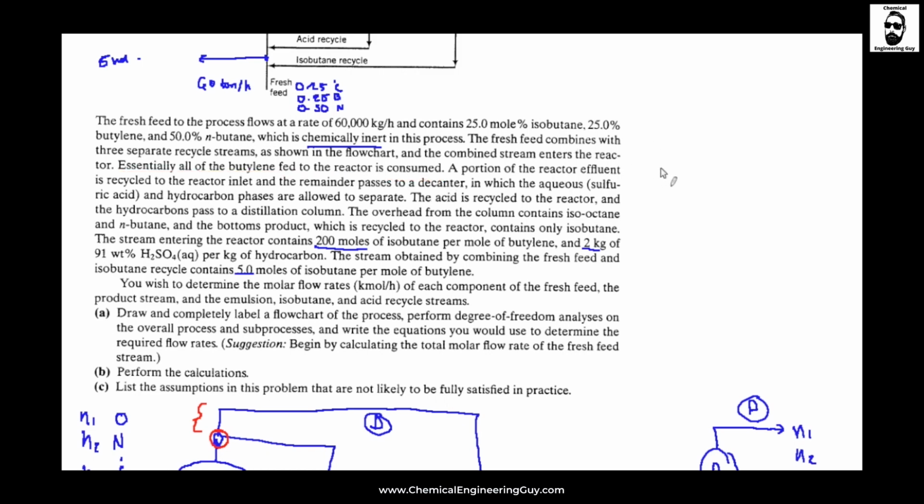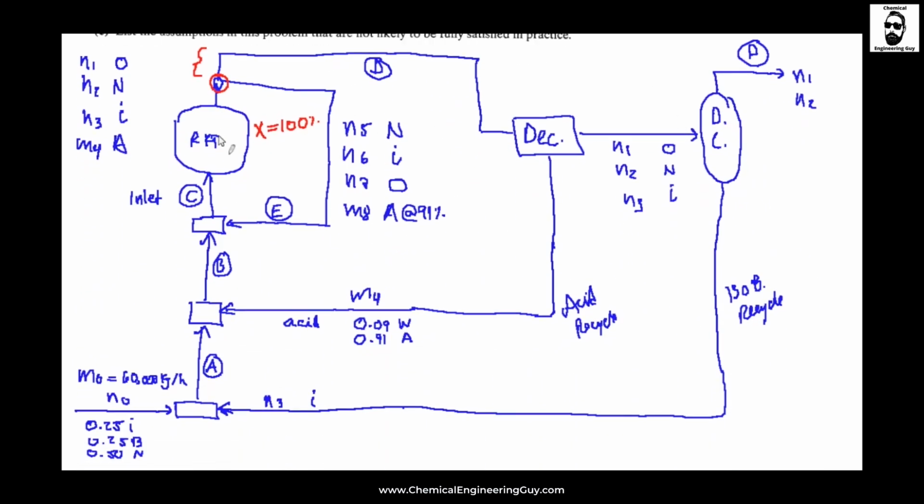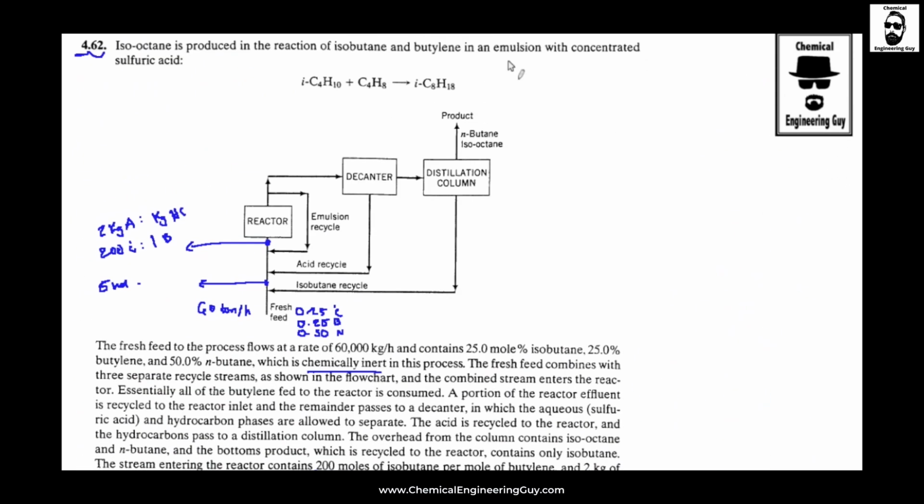So what does that mean? That the conversion is 100%. So you're going to turn all the butylene here into octane. And once again, guys, this is telling you that this is the limiting reactant and this is the excess reactant. And it's obvious because you're doing this recycle of isobutane.